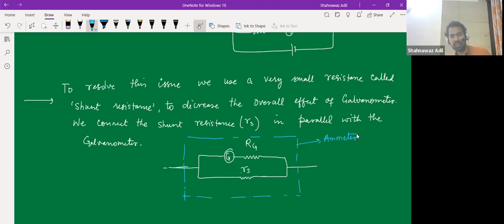Is this part clear, guys? I will do a question, and then it will become very easy to understand what the use of this shunt resistance is.